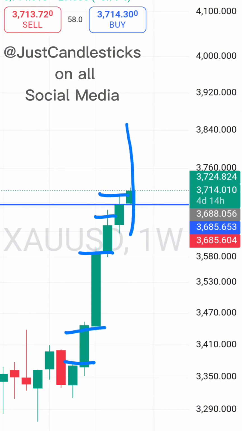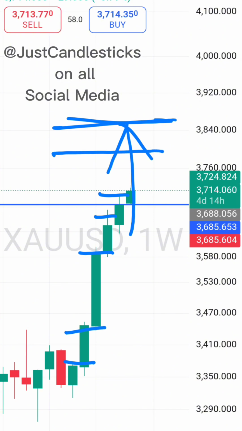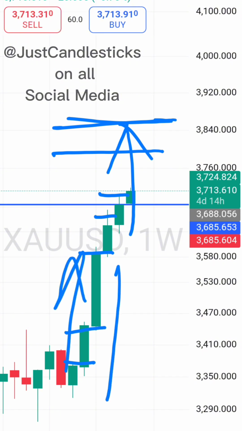So this week we're also expecting the market to go up, but make sure that you remember the fact that we don't have a level at the top, so we don't know where the gold is going. So we must be very, very careful. If we have a level, we know the gold is moving towards a level, but gold is creating new levels. So our monthly is up, weekly is up.